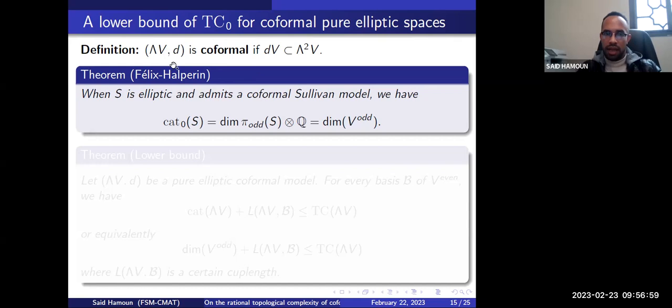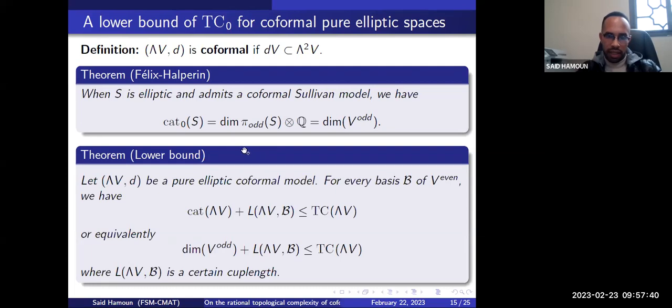We say that a minimal Sullivan model lambda V, d is coformal if the differential d is quadratic, that is, d of V is included in lambda 2 of V. And here I want to recall the well-known result due to Felix and Halperin for elliptic coformal spaces, which is, in this case, the rational LS category is given by the dimension of the odd part of the rational homotopy, which coincides with the dimension of V odd.